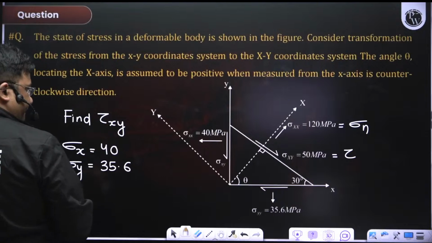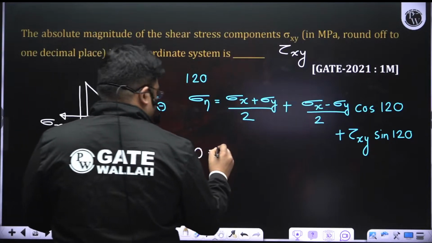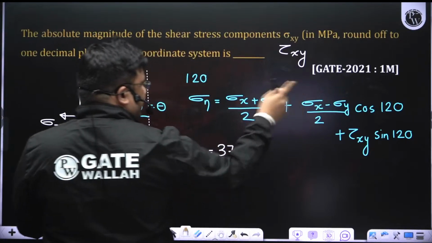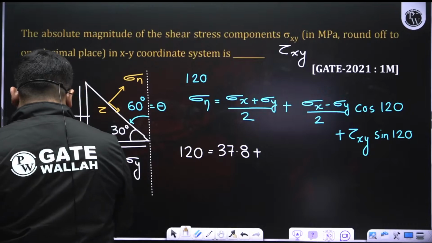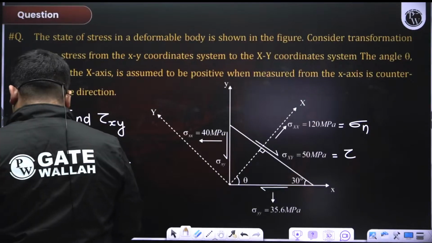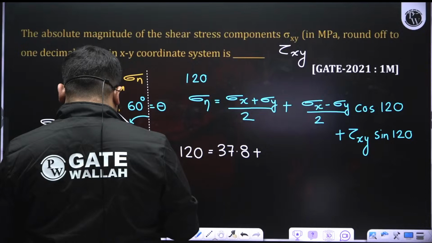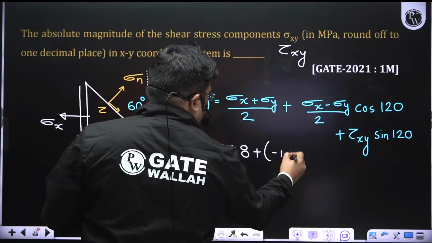35.6 plus 40, so 75.6 divided by 2 is 37.8. And then this value will be (40 minus 35.6) divided by 2 into cos 120. This I am getting as minus 1.1.